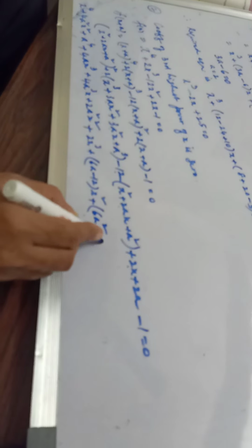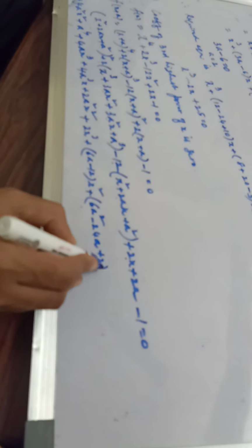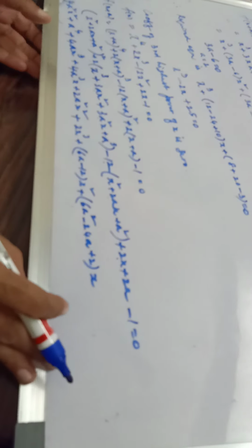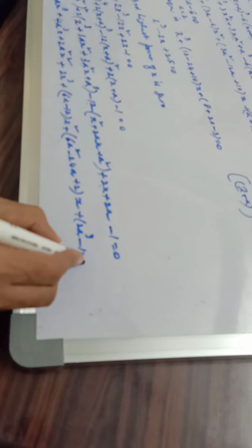So taking x common from these 3 terms, you will get 6a square minus 24a, plus 2, into x. Now the constant term: here we have 2a cube minus 12a square plus 2a minus 1 is equal to 0.